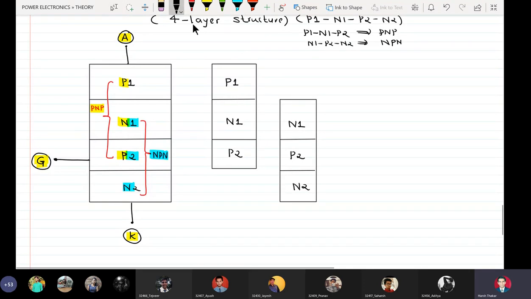Okay, fine. Now transferring the terminals: anode, cathode, connecting N1 to N1, connecting P2 to P2, and here I have my gate IG.